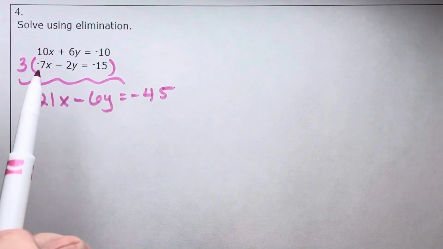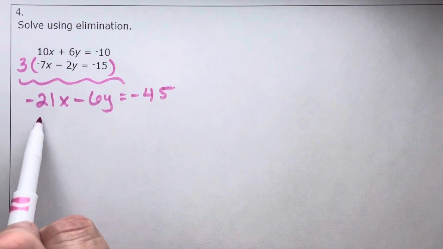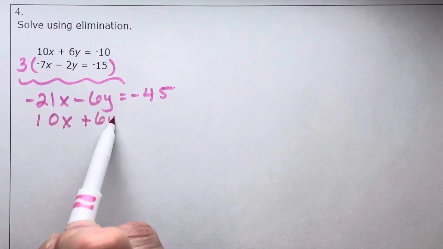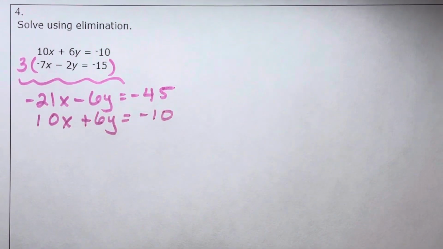And then our top equation, which we haven't adjusted at all, we're just going to bring it down. So we have 10x plus 6y equals negative 10. All right.